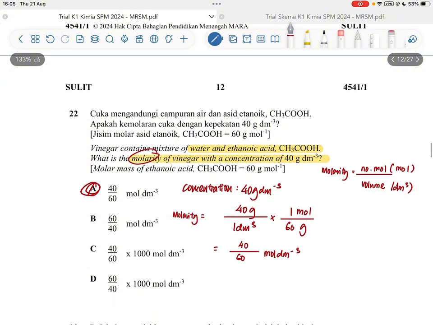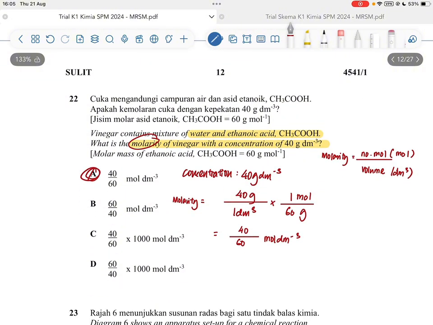Question 22, okay. Vinegar contains a mixture of water and ethanoic acid. What is the molarity of vinegar with a concentration of 40 grams per dm3, given that the molar mass of ethanoic acid, CH3COOH, equals 60 grams per mole? So when we want to calculate molarity, the formula is number of moles divided by volume.